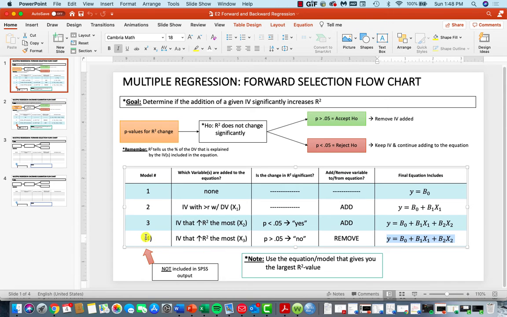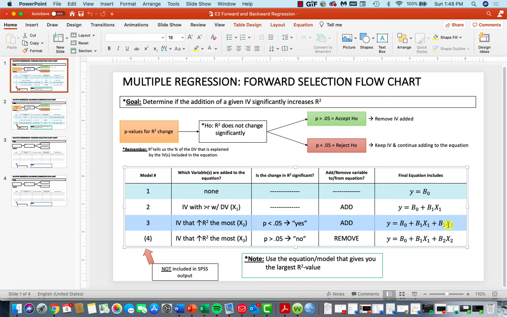So that's why I put this in parentheses, because this last equation is not included in the SPSS output. Usually I say use the last row, or the last model in your output, because that's going to give you the equation with the highest R squared.